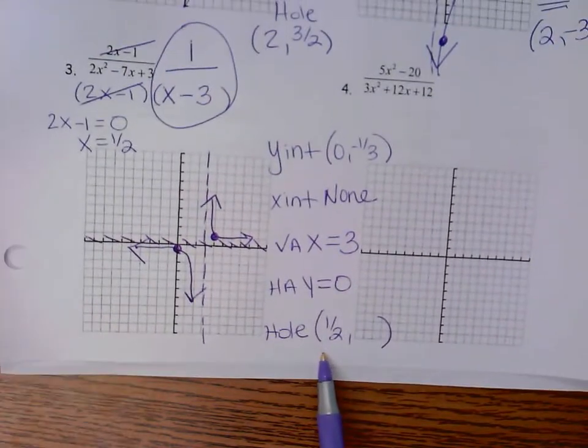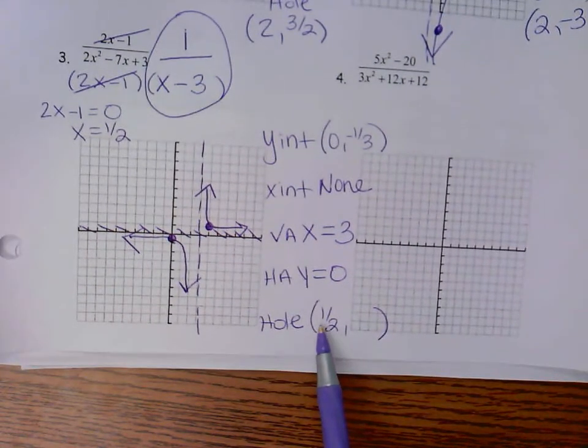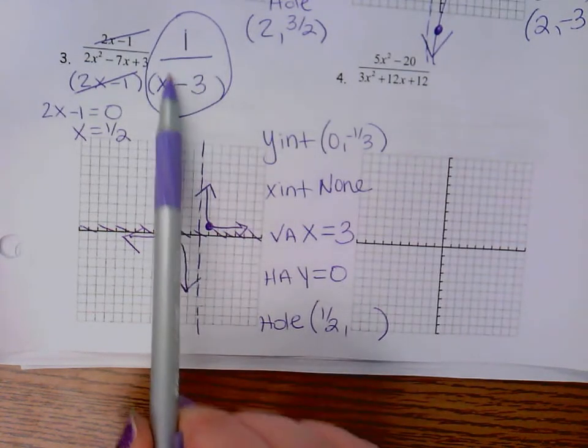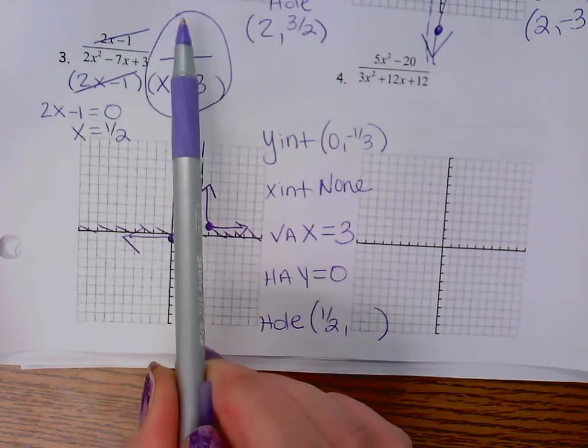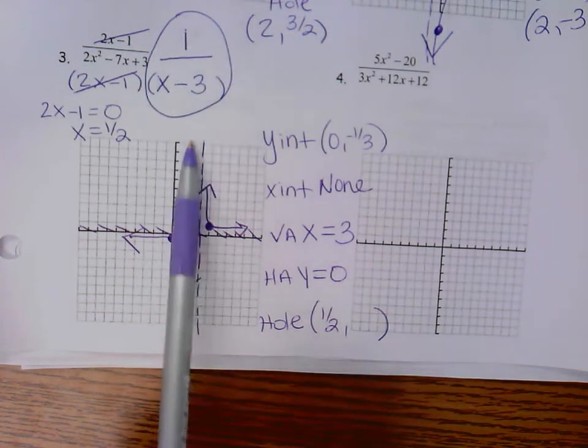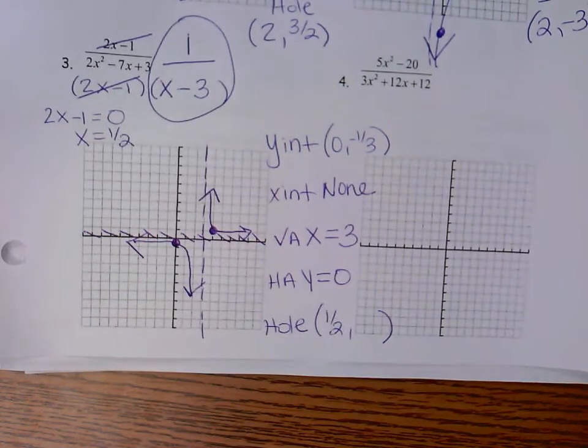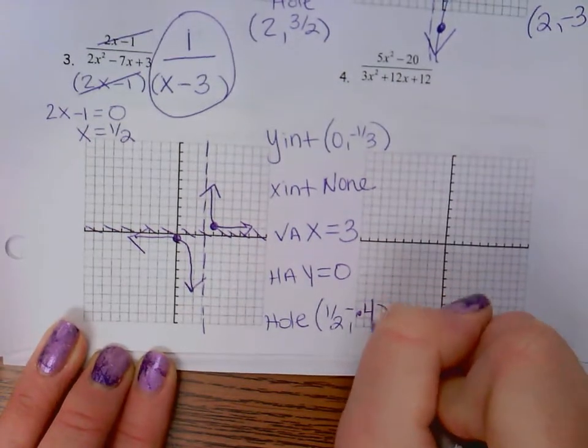So this is one that I probably wouldn't have you calculate without a calculator, because now you need to plug in 1/2 up here. So it would be 1 divided by negative 2.5. What is 1 divided by negative 2.5? It is negative 0.4. So that wouldn't be one that I would have you calculate by hand.